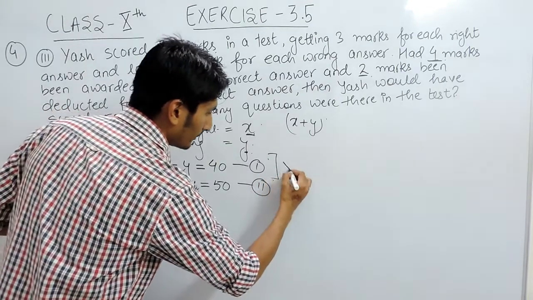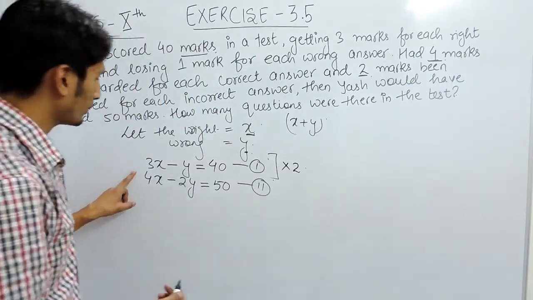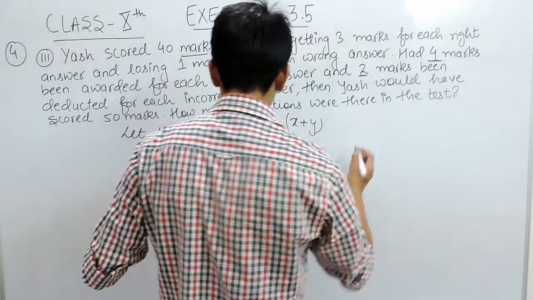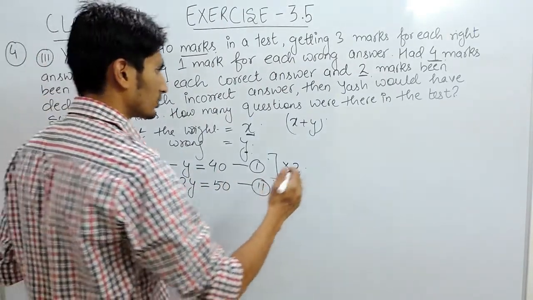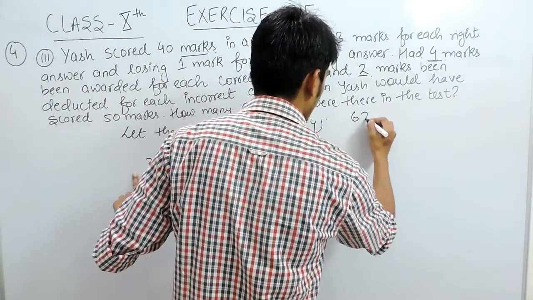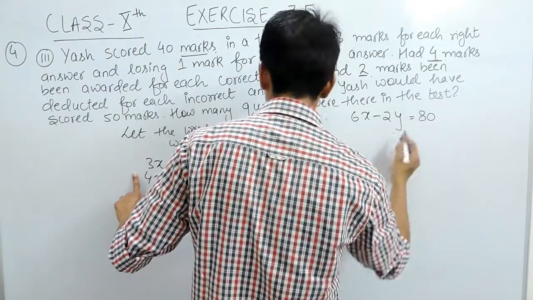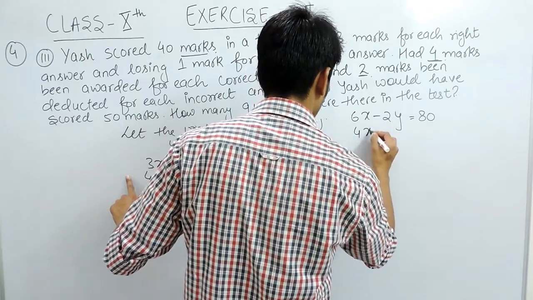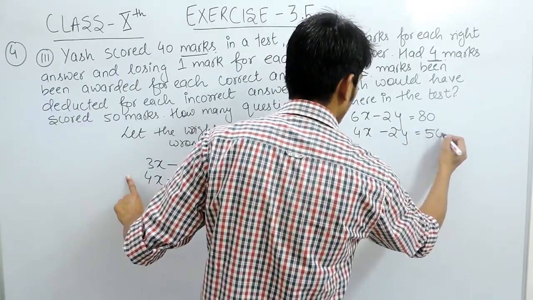For that, multiply this equation by 2. You have to multiply 2 with the whole equation. So our first equation will become 6x minus 2y is equal to 80, and our second equation is 4x minus 2y is equal to 50.